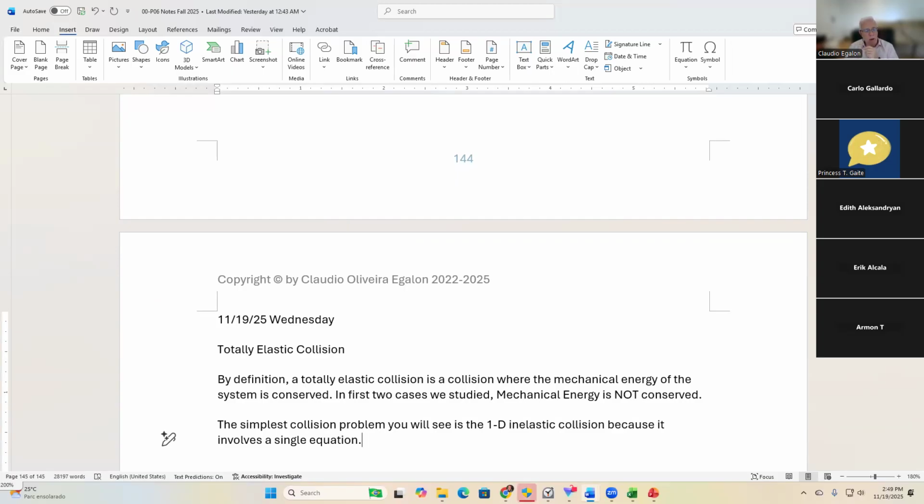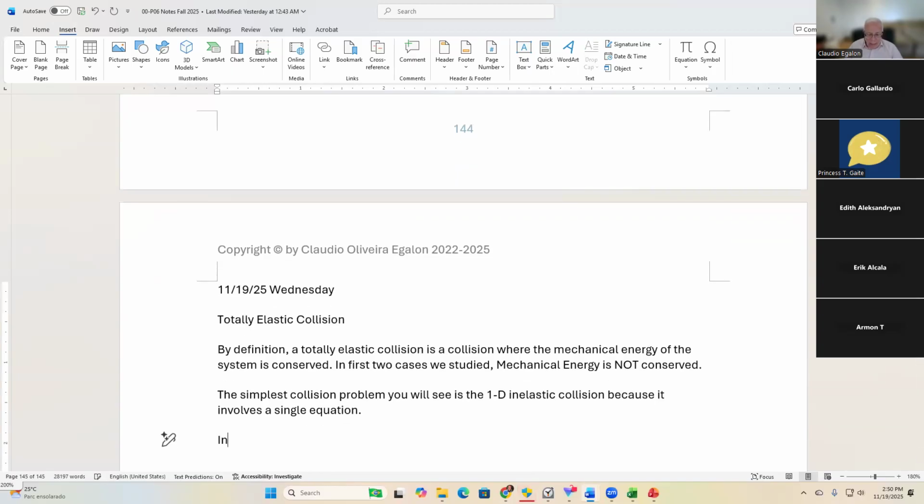When we start talking about explosions and totally elastic collisions, then the problem becomes more and more difficult mathematically.